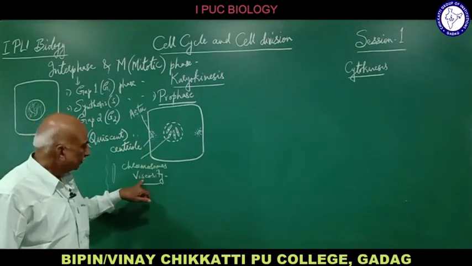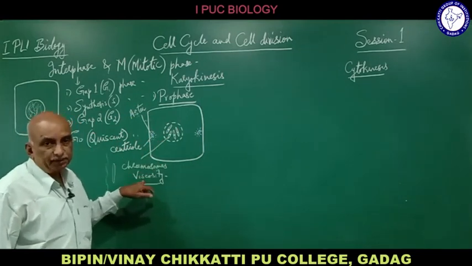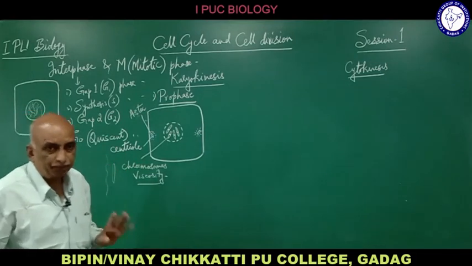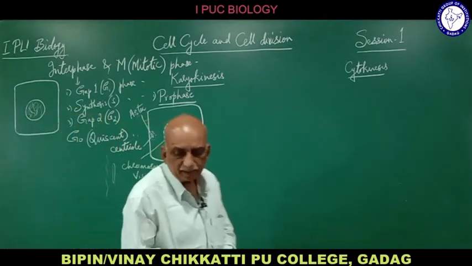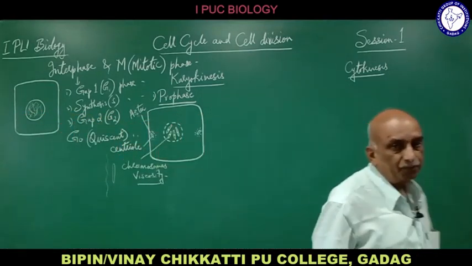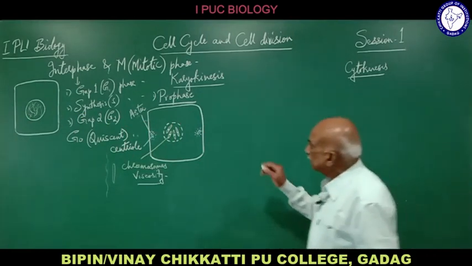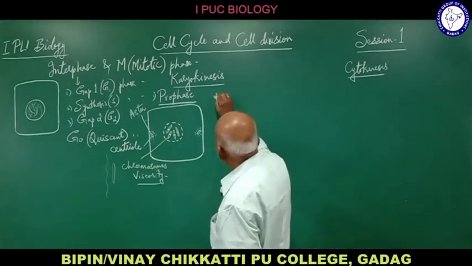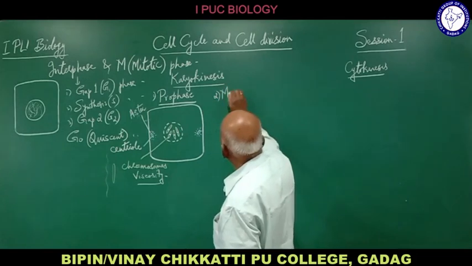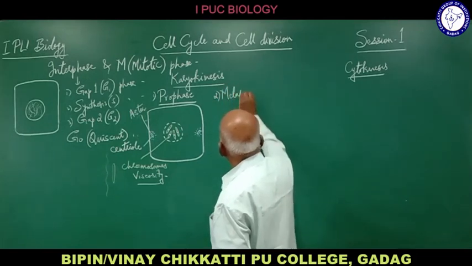Then the viscosity of the cytoplasm increases. These are the 4 changes which we can mention in the prophase stage. Then the second stage, that is metaphase, under karyokinesis.